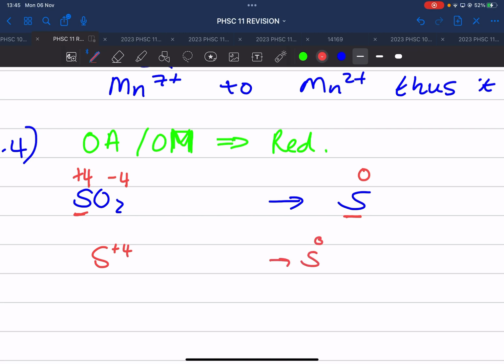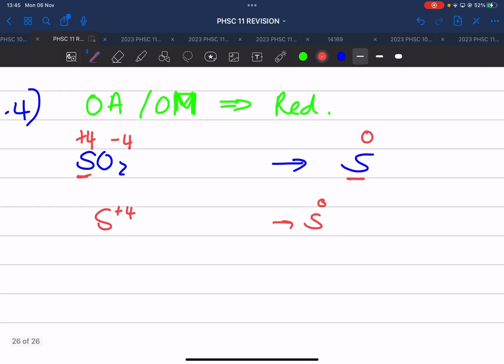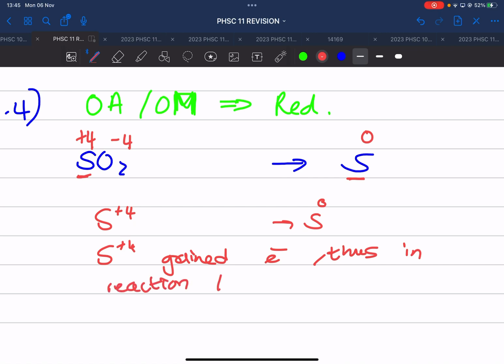So did it lose or gain electrons? Gain. So sulfur gained electrons, thus in reaction 1 it is the oxidizing agent.